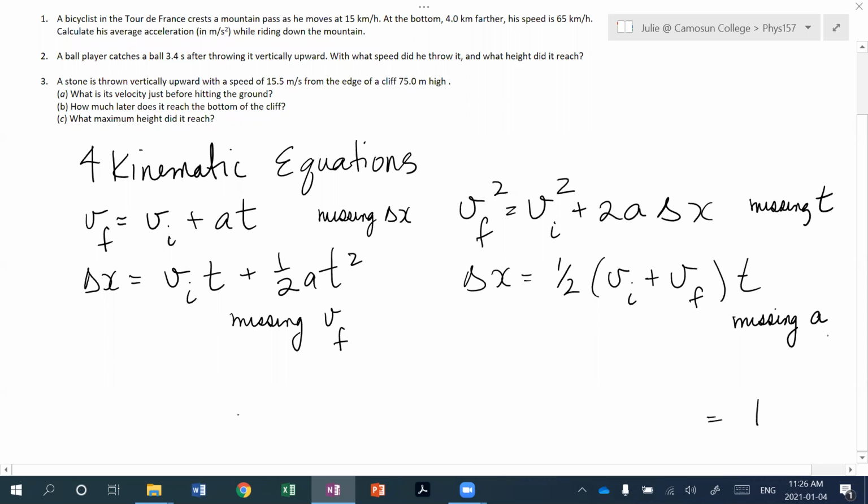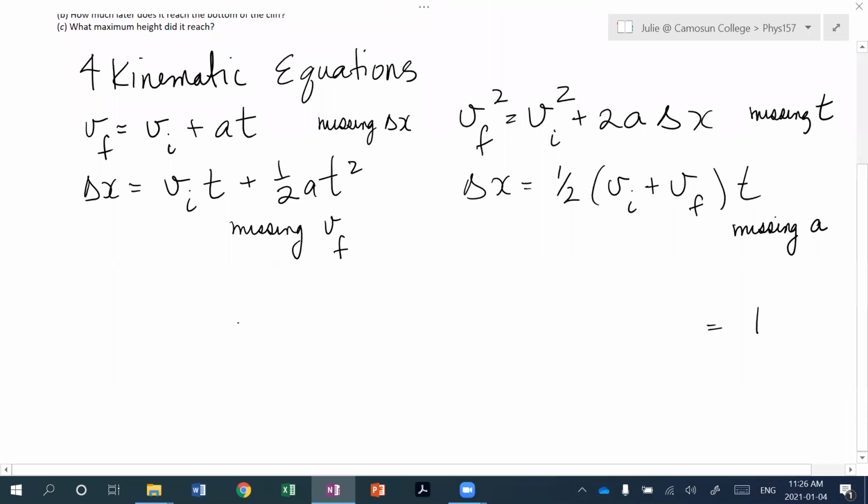This is how you're going to know which equation to use, because if the problem doesn't mention one of these missing variables, then clearly you don't want to use an equation that has a variable in it that you need. For this first question, you always want to start by writing out what you're given.